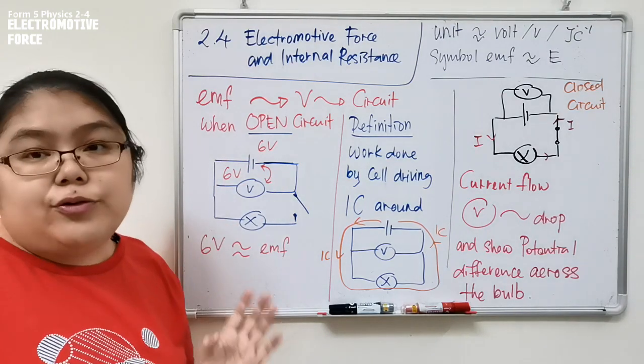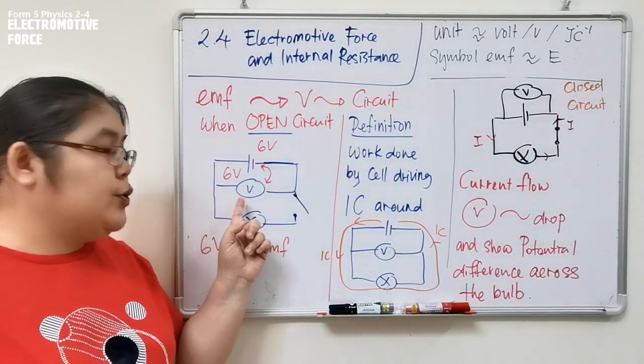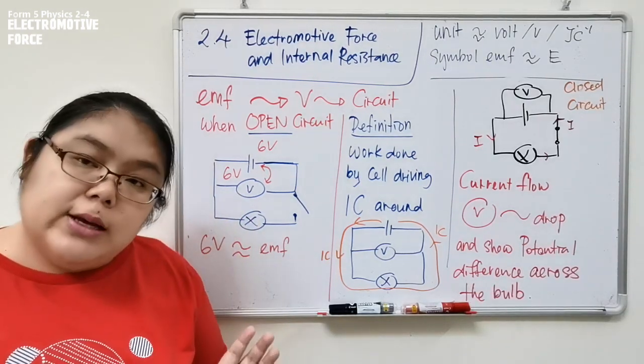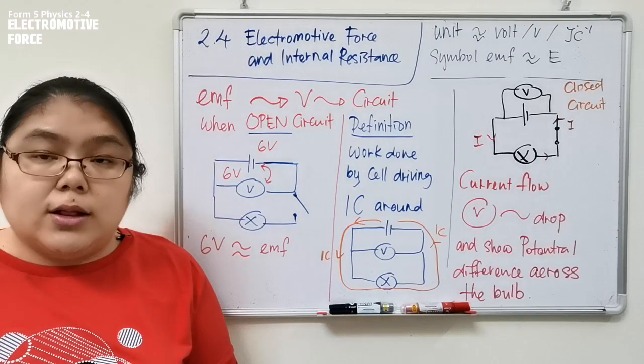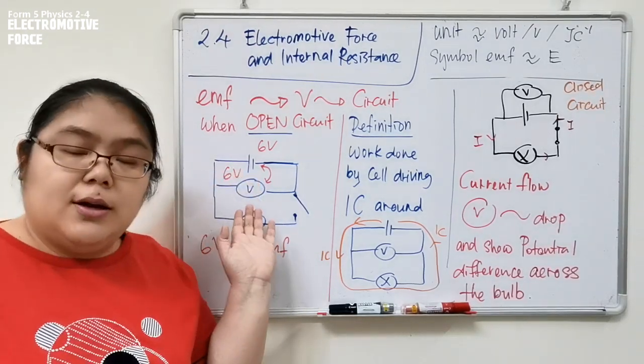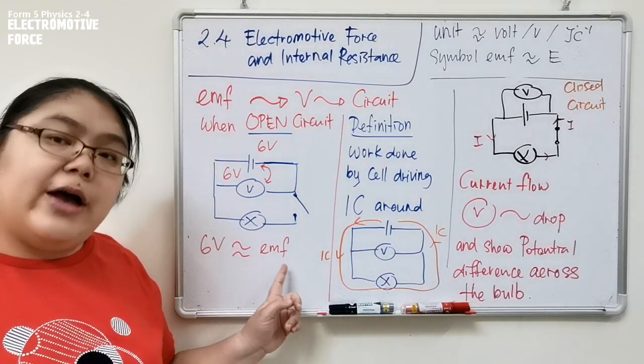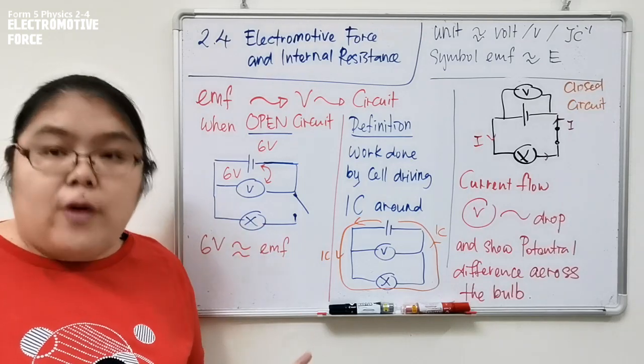If the battery is 6 volts, the voltmeter shows 6 volts. This 6 volts represents the voltage of the battery, and the name we call it is EMF, electromotive force.